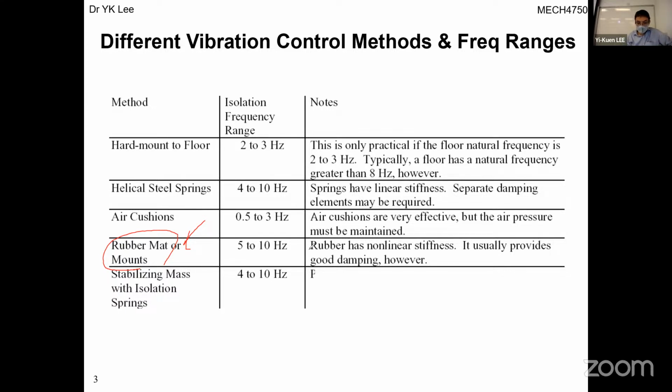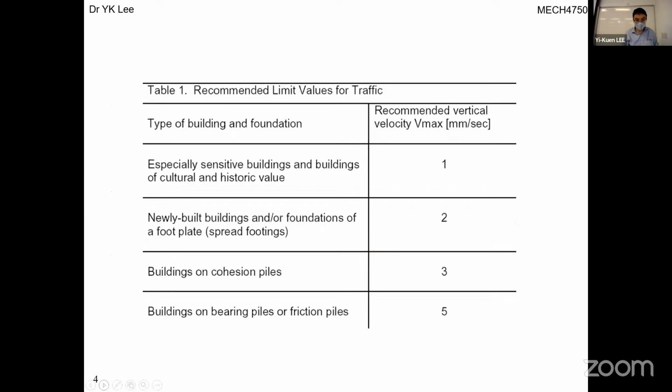But typically rubber or this kind of physical element mostly has nonlinear behavior, nonlinear stiffness. But in general, they have reasonably good damping performance for vibration control. And here, this is also quite useful for students if you work in the building industry, right?